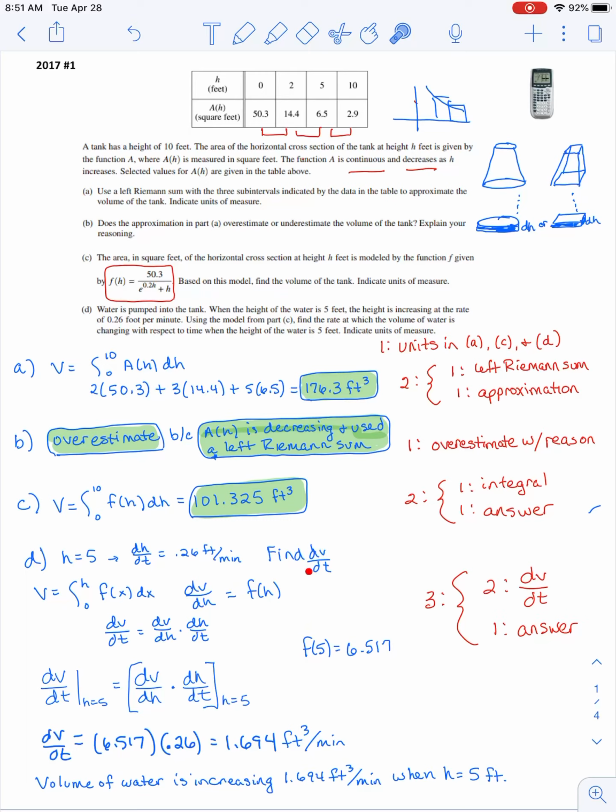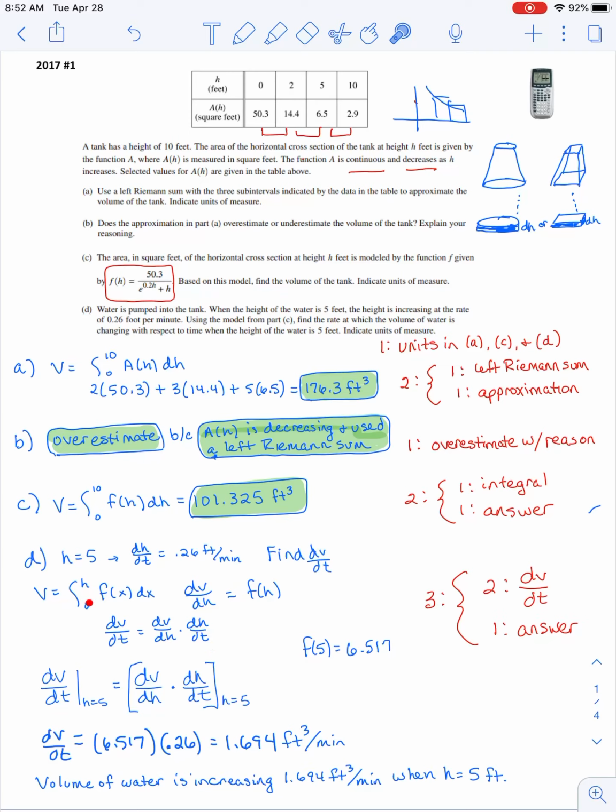So at the very beginning of this problem, if you were confused and didn't know what to do, you would say, gosh, how can I relate those things together? And then you should be able to come up with this, that dV/dt would be dV/dH times dH/dt.